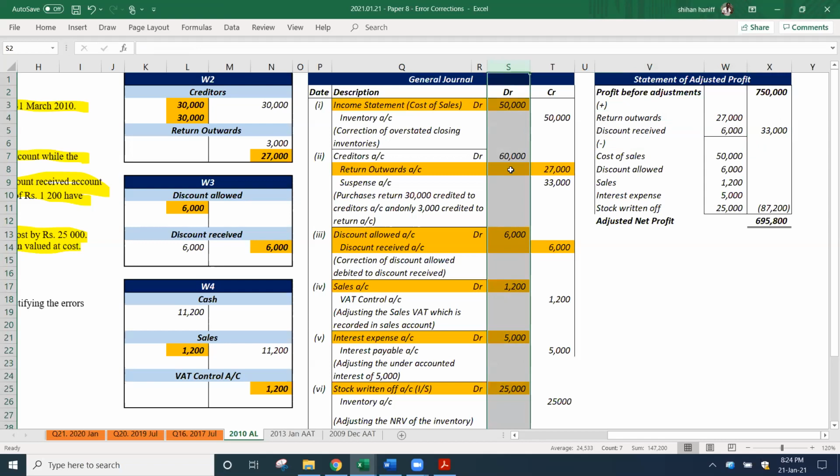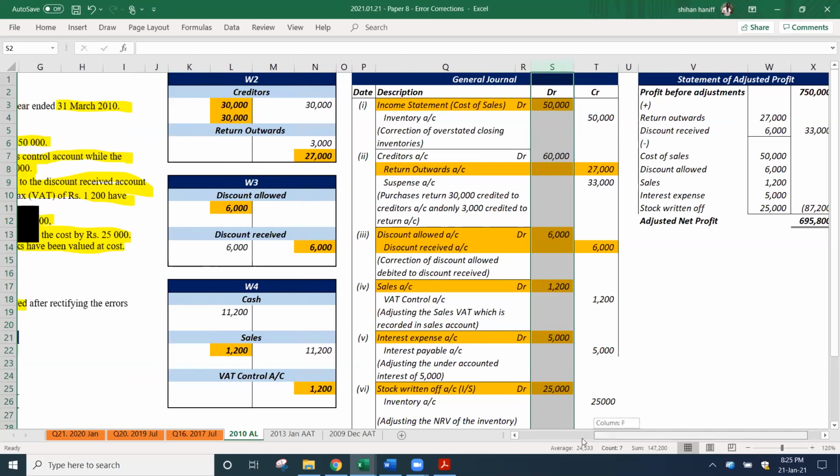Income decrease is debit. So if it is debit, the profit will decrease. So that's why the debit entries were deducted from the statement of adjusted profit. Right.